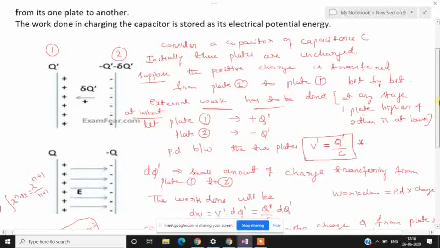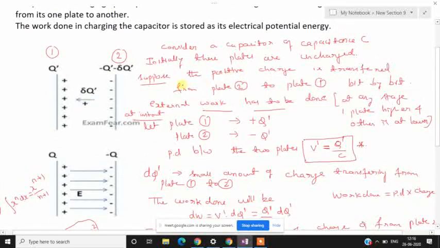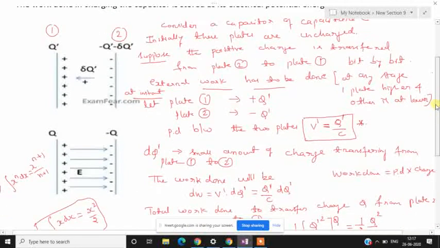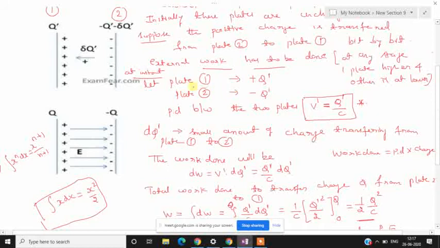I'll go through that. So look at what I have done here. The energy stored in a capacitor is nothing but the work you do when you transfer a charge from one plate to another plate. That work will be stored as a potential energy. So I got an expression for that. I considered first, at some instant, plate 1 is at positive potential for positive charge, plate 2 is at negative charge.